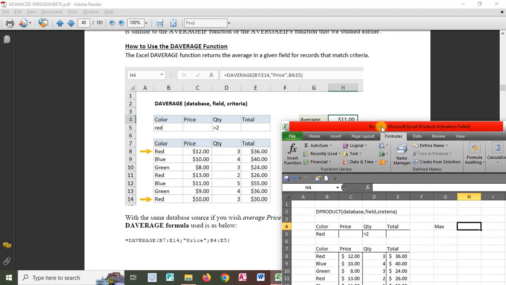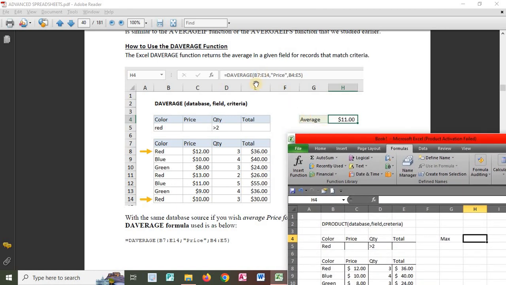Let's see, what is going to be matched here? We are going to take the average. So in this case, I will just change this here. We are looking for the average. We are going to match the ones that are red, and their quantities are greater than 2.